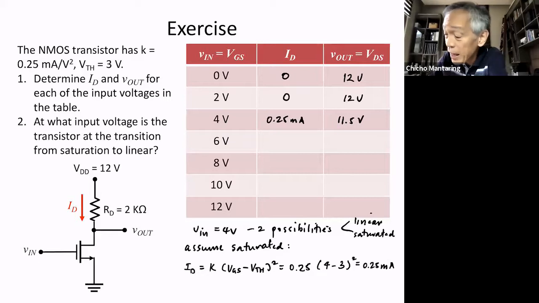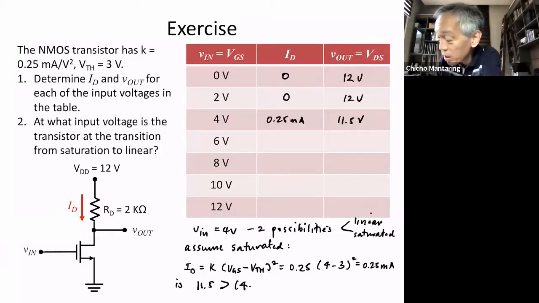Okay? Pero hindi pa tayo tapos dito, ano? We have to check the assumption. Remember, we only assumed that it was saturated. How do we check the assumption? No? So, is 11.5 greater than VGS minus VTH? Is 11.5 greater than VGS 4 minus 3? And the answer is yes. No?